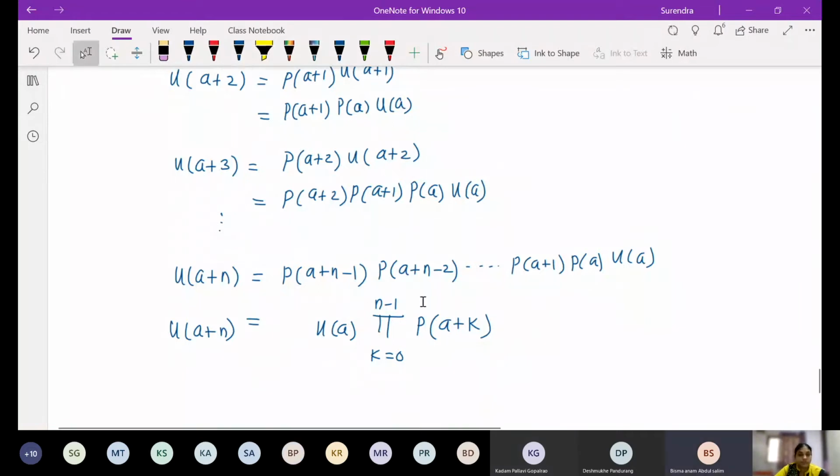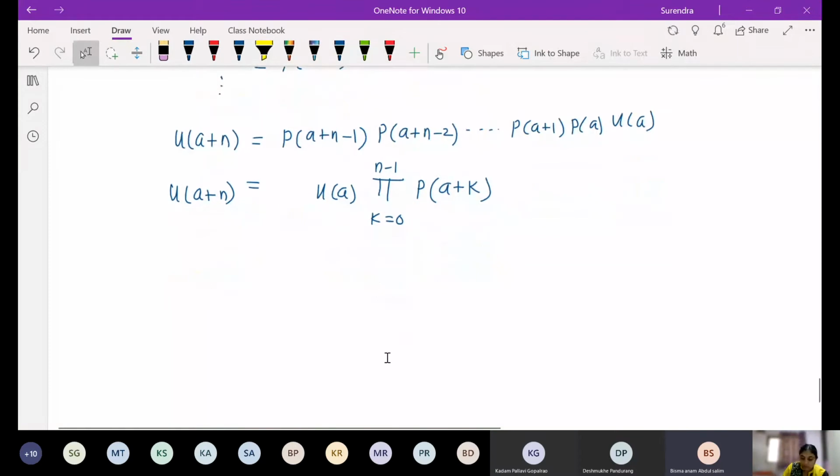Now we can write it in a more convenient form.